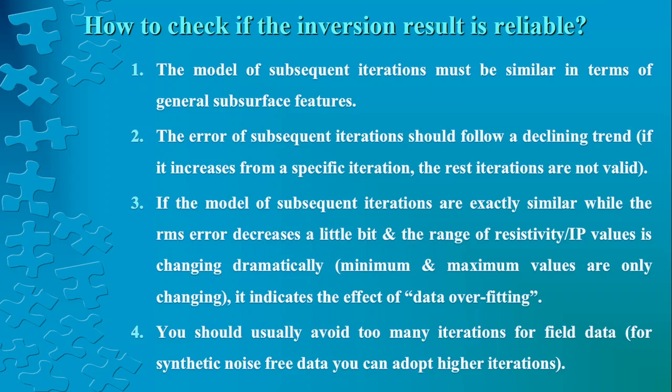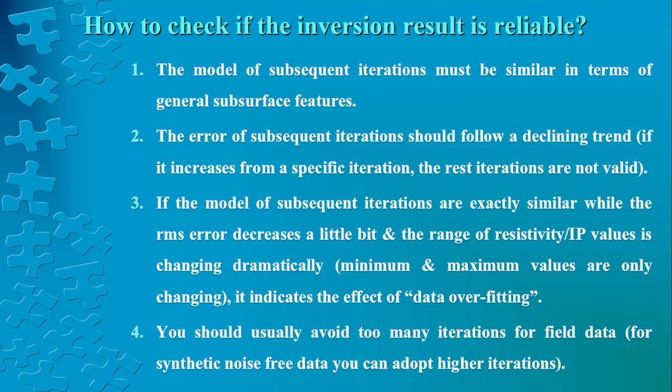Point 3 is that if the models of subsequent iterations are exactly similar while the RMS error decreases a little bit and the range of resistivity or IP values is changing dramatically, it indicates the effect of data overfitting.